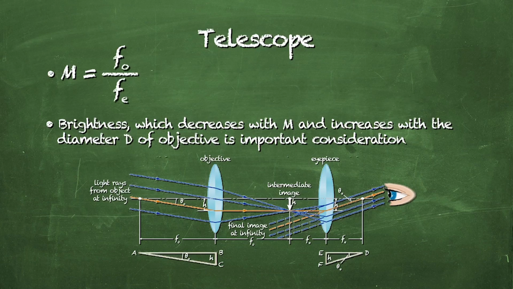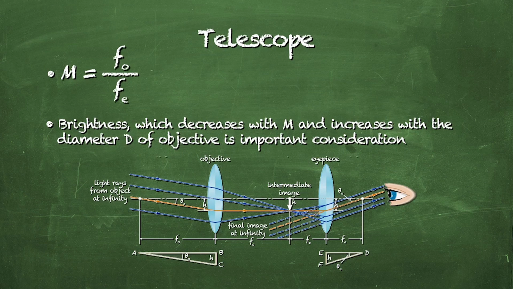That means that the objective lens focuses an intermediate image at the focal point of the objective lens, and then we use an eyepiece to magnify the intermediate image. The angular magnification of a telescope is simply the objective focal length divided by the eyepiece focal length. So to get the most magnification out of a telescope, you would want an objective lens with a long focal length and an eyepiece with a short focal length.